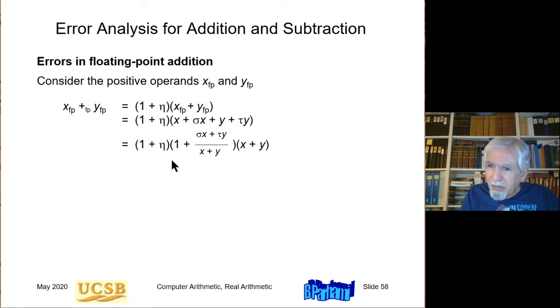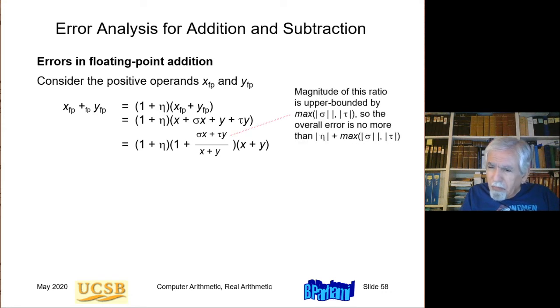And then I can basically transform that expression into this one, which tells me that the error in the addition result relative to the exact sum is eta plus this term, if this term is small. So under what condition is that term small?